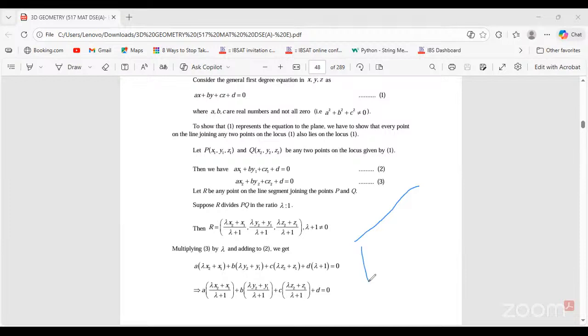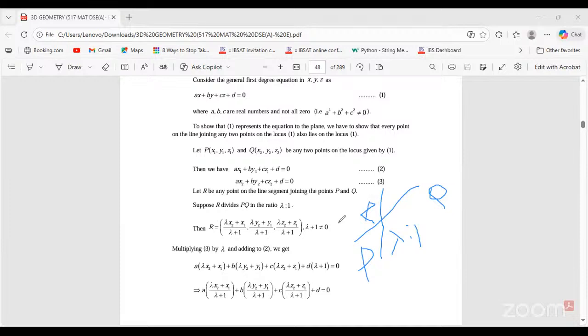Here this is point P and this is point Q. Let this be a point R. R divides PQ in the ratio lambda is to 1. So let R be any point on the line segment.